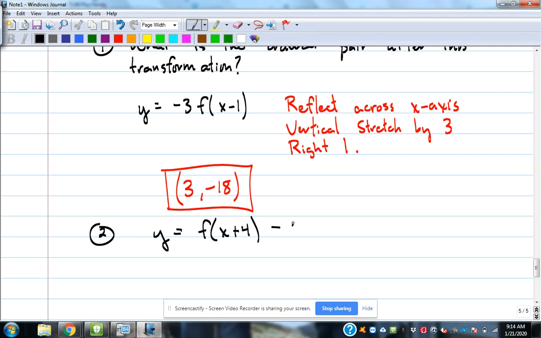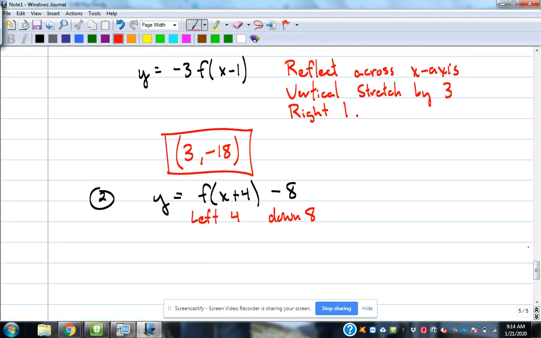Maybe it may be easier here. But again, same idea. What transformations are happening? Left 4, down 8. So we're taking the ordered pair 2, 6 and moving it left 4 and down 8.